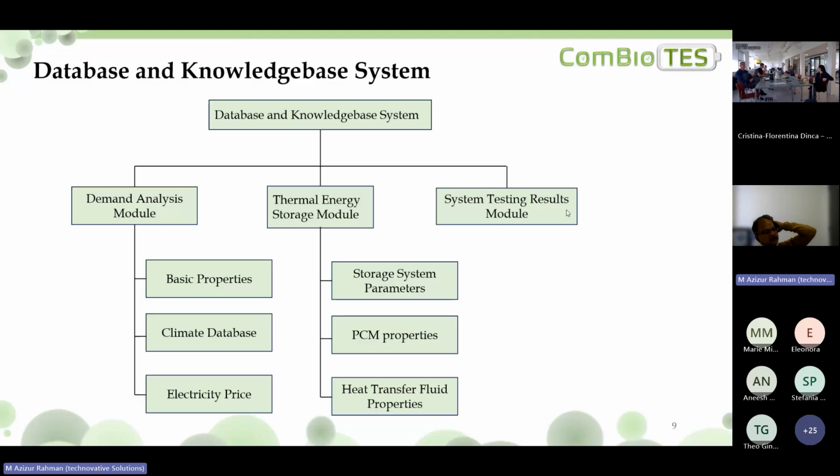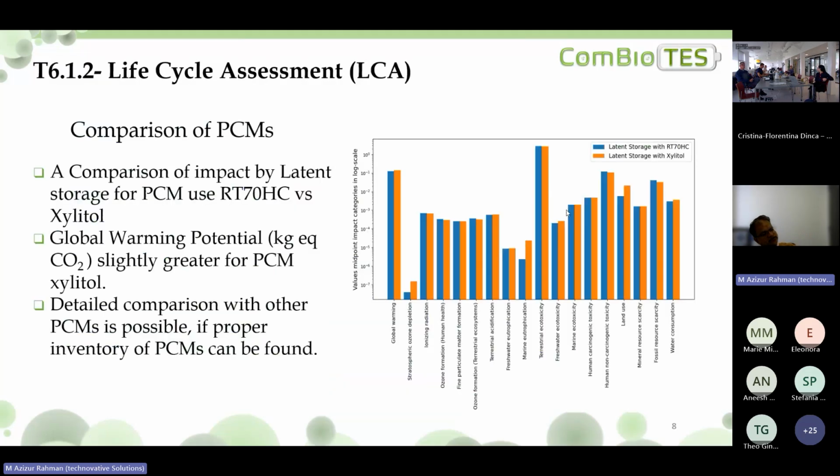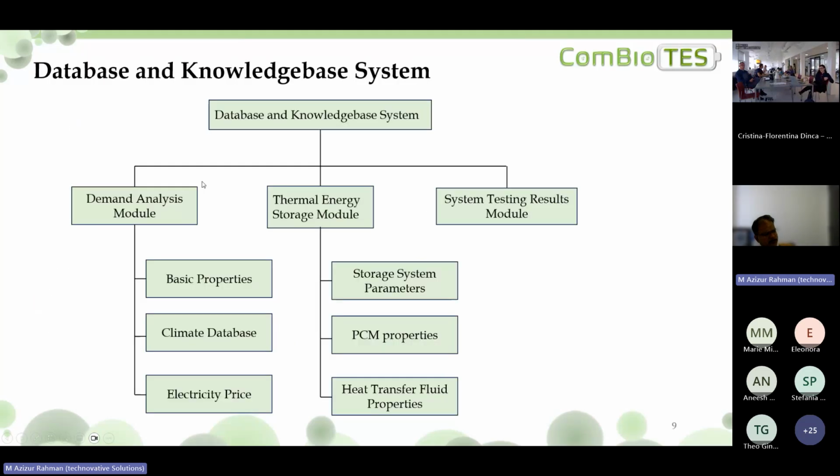Then this LCA is also included in a decision support system that we developed under the ComBioTES project. There is a database and knowledge base with 3 types of modules: demand analysis modules, thermal energy storage modules, and system testing modules.